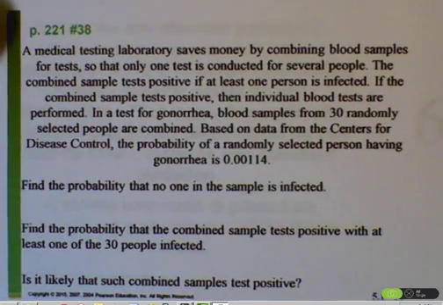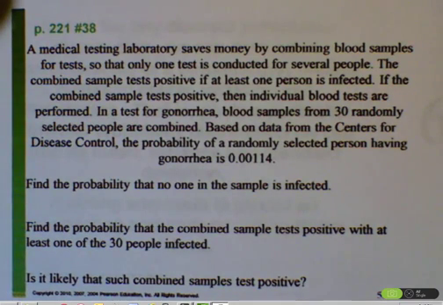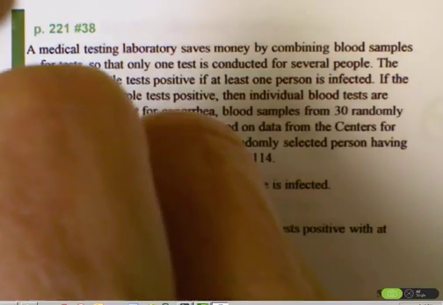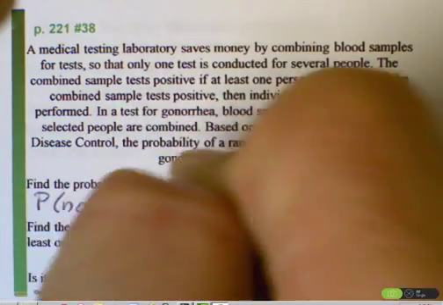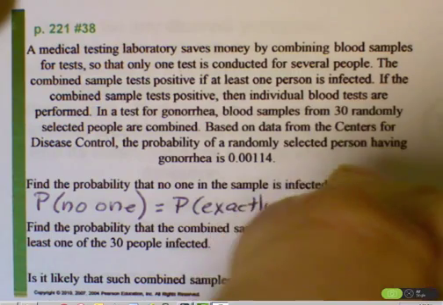Well, does no one mean at least something, or at most something, or exactly something? Find the probability that no one is infected. Sounds like the probability of exactly 0.